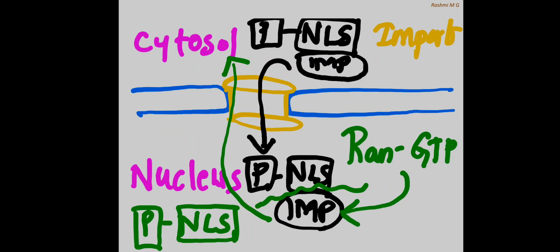Okay. The RAN GTP, which is bound to the importin, gets back to the cytosol to get another protein along with it. So this is how importin import happens. Now let us draw a flow chart. Protein with NLS, that is the importin signal.